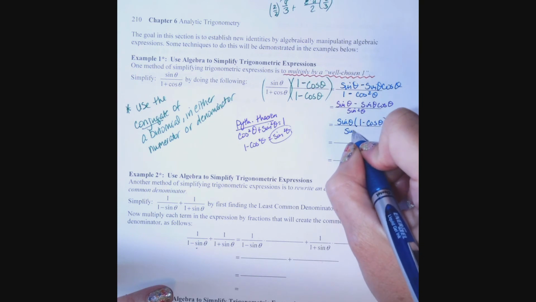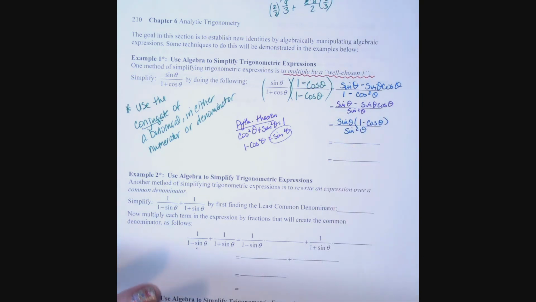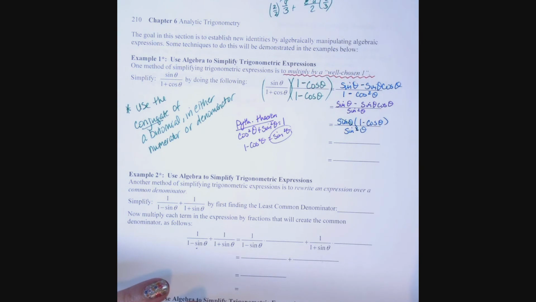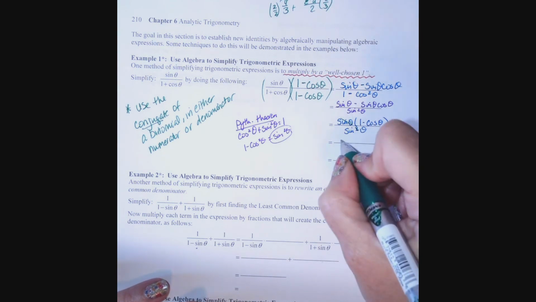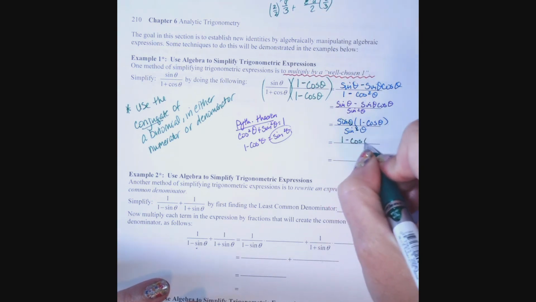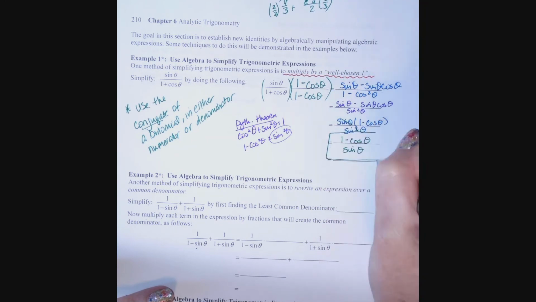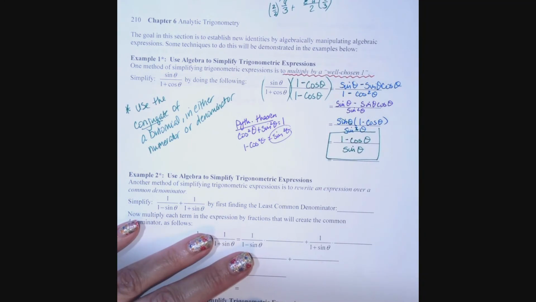I still have sine squared theta in my denominator. Now I can simplify because I have common factors here. I've got sine theta and I've got sine theta times itself here, so that I have 1 minus cosine theta over sine theta, and that is completely simplified.